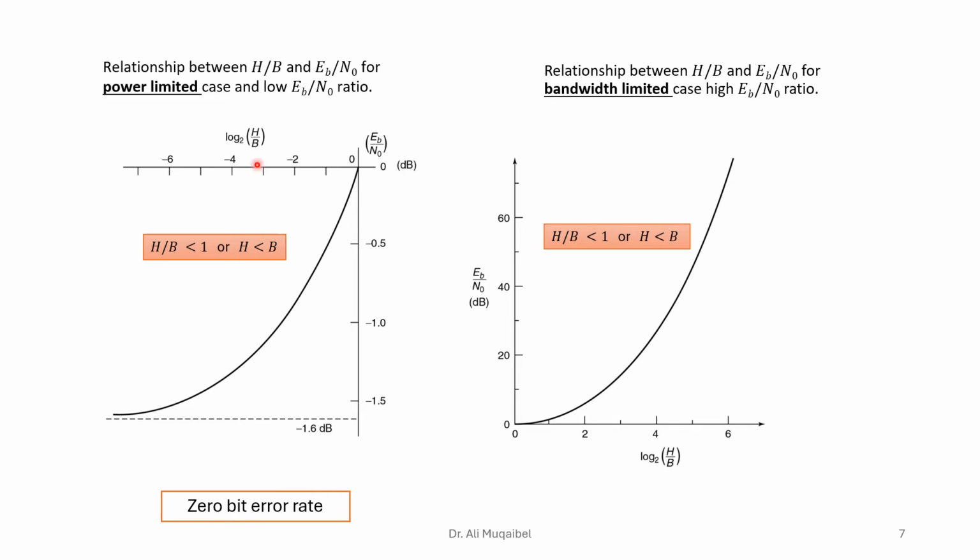So in this part we are on the low power side, power limited application, while the x-axis represents the capacity relative to the bandwidth. So if you are going to this side, the capacity relative to the bandwidth is high. So this is bandwidth limited.